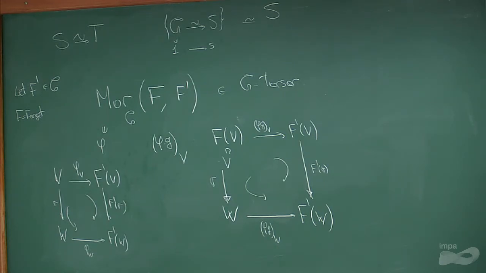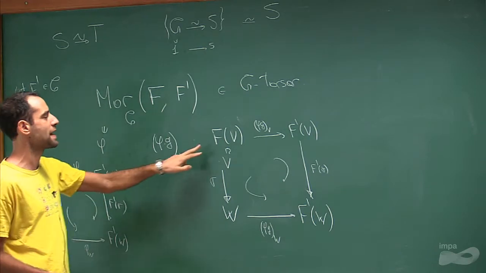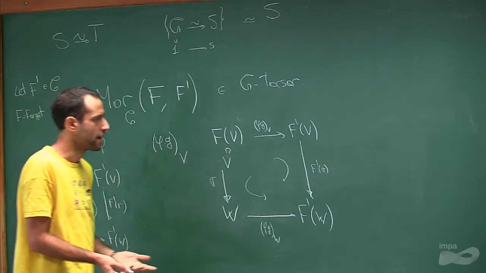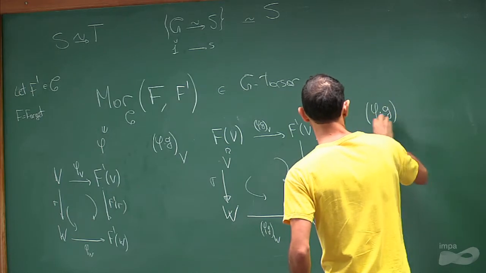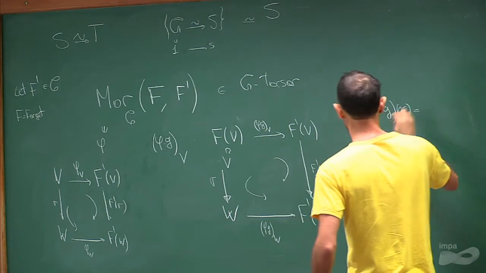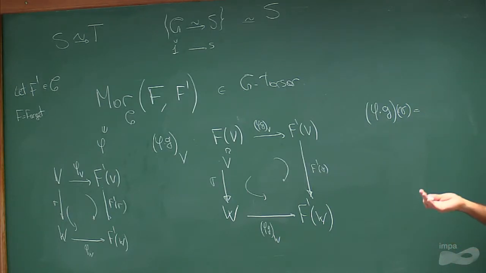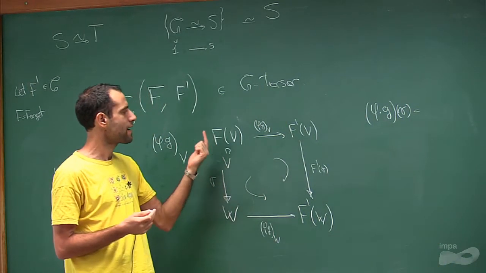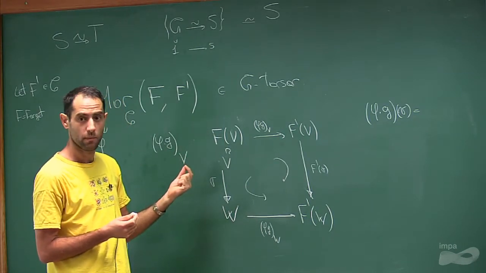Okay, so what's the only definition that we can think of? I'm given this map from V to F prime of V, and I want to produce another map from V to F prime of V, using the action of G. And of course, the only thing I can think of is to define phi acted upon by G, applied to the vector v. And here we see why there is a difference between vector spaces and representations.